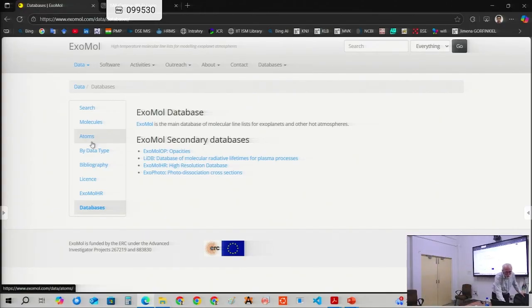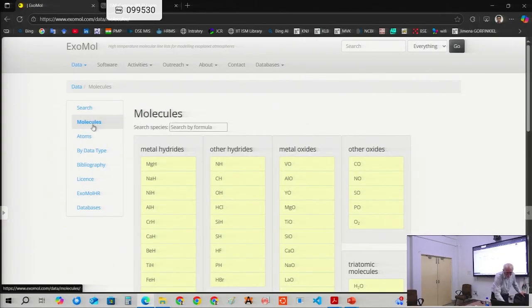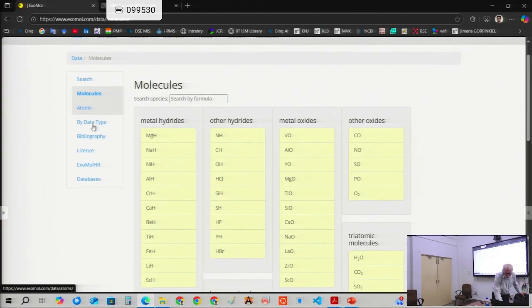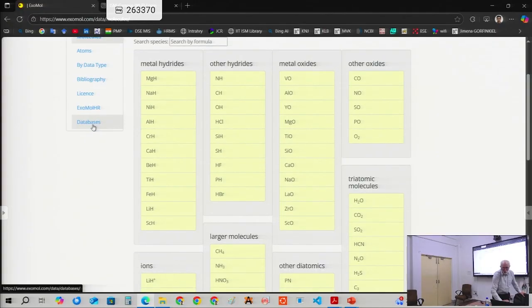But the main database is these molecular line lists. And we have not quite 100 molecules here. And I think we've got to find a better way of organizing them. It was fine when we had 20 molecules organizing it like this, but it's now getting a bit tedious. So I don't know. Anyone got a favorite molecule you want to look at?